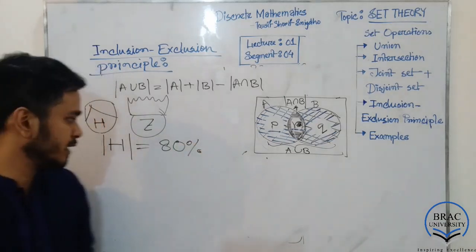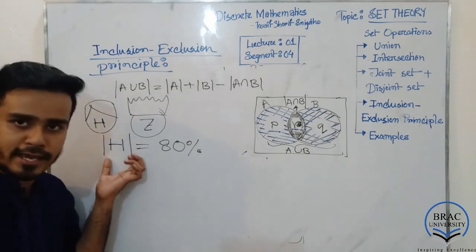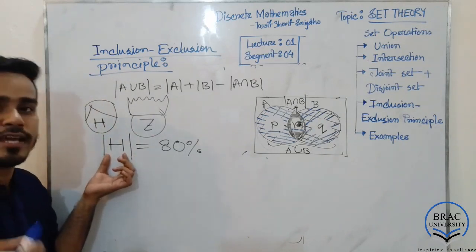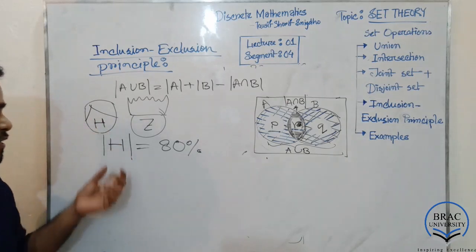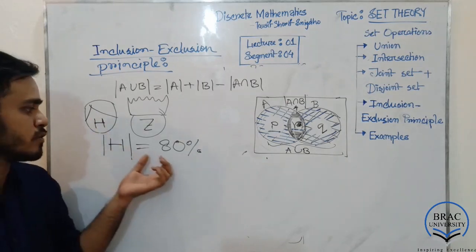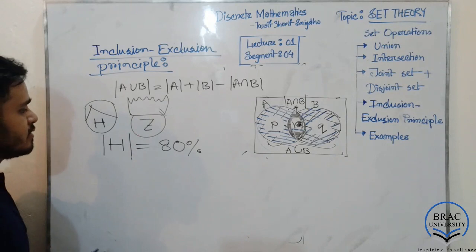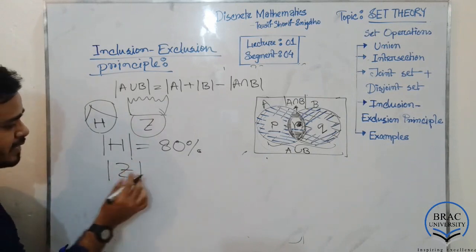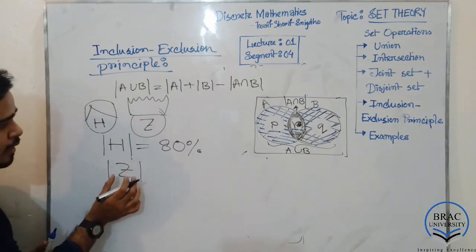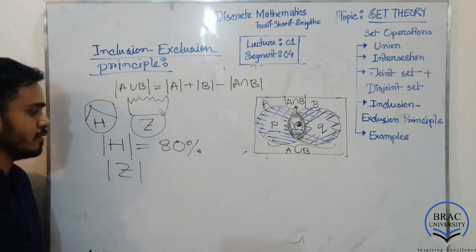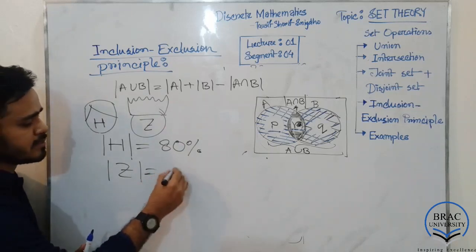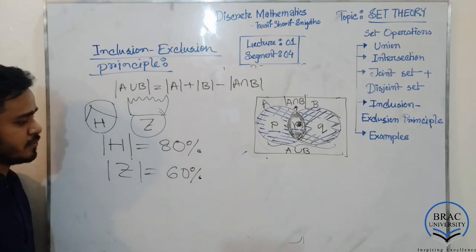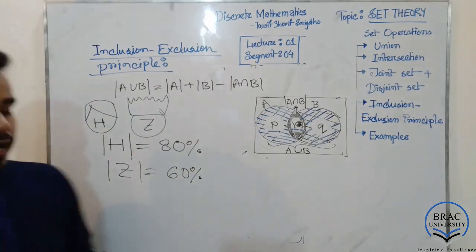Here you can ask something: what is H? H is a set that refers to the set of fans of hero alum, right? So cardinality of H equals 80%, and cardinality of Z, the set of Zaid Khan's fans, is 60%. That's what we know.